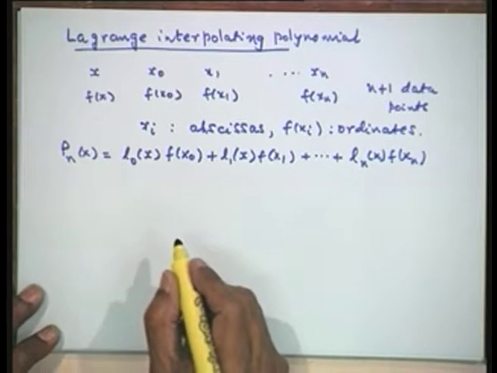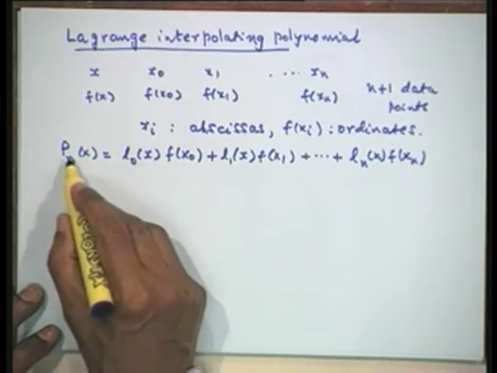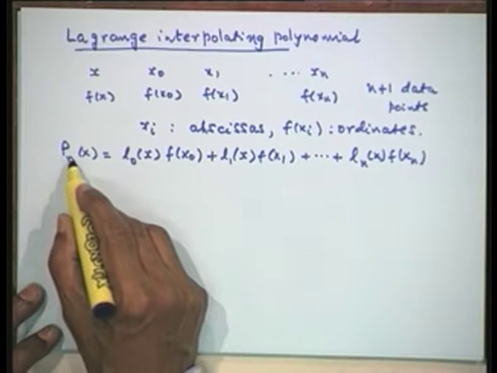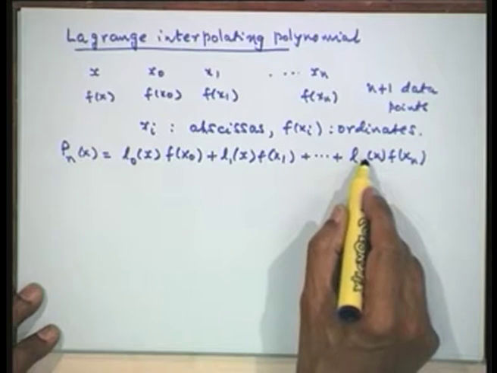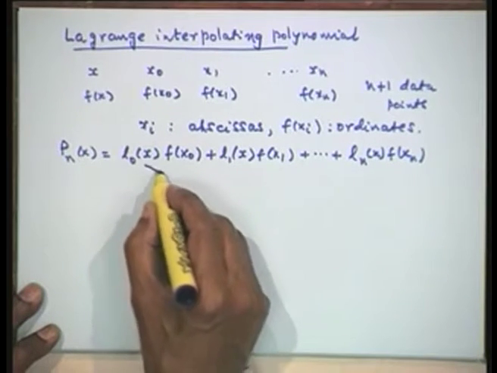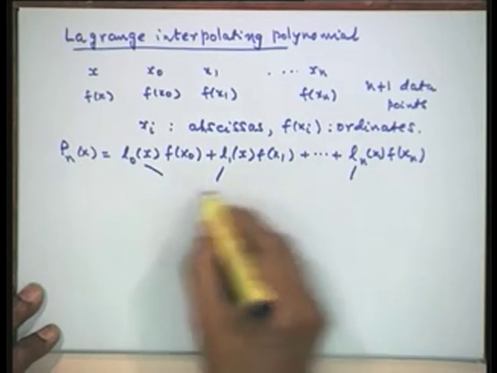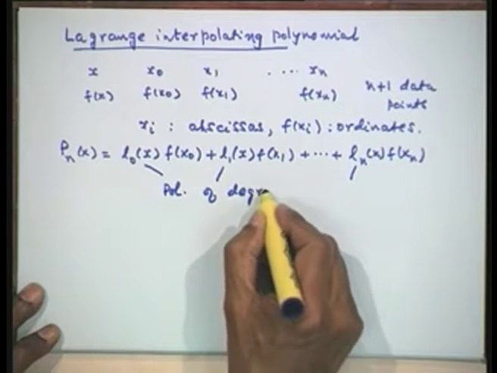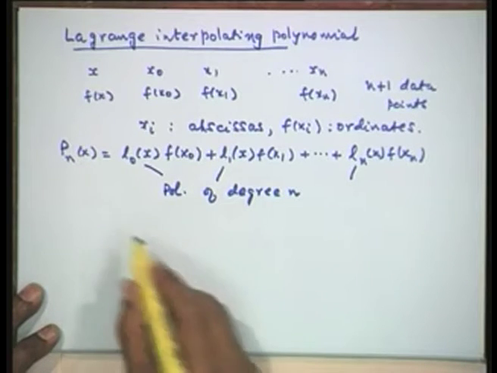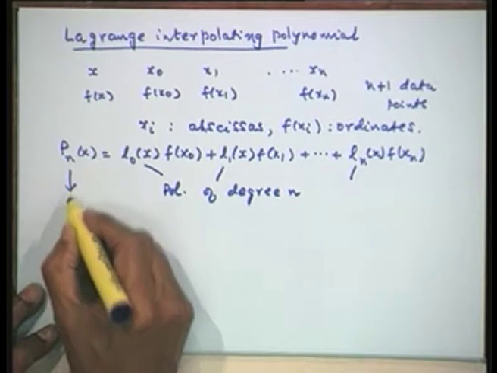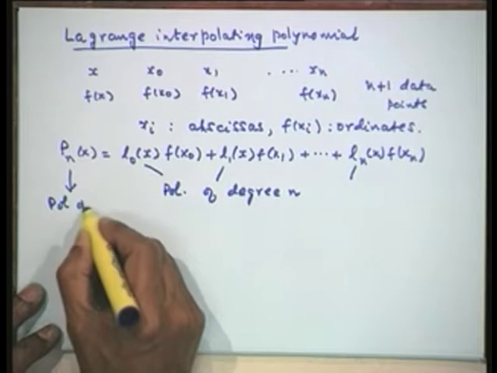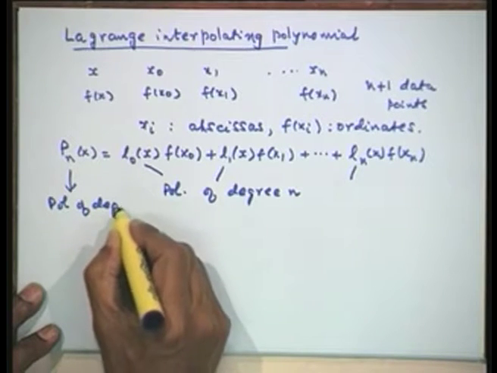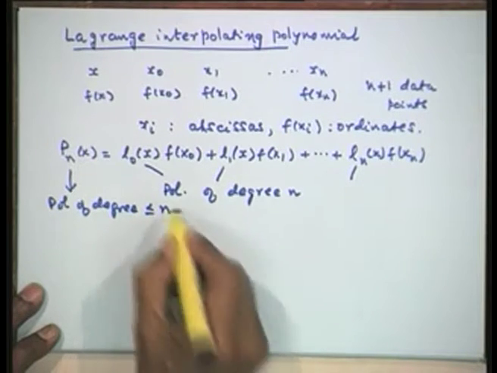Then we have mentioned that since Pn(x) is a polynomial of degree n, all Li(x) should also be polynomials of degree n. Pn(x) of course finally may turn out to be a polynomial of degree less than or equal to n.